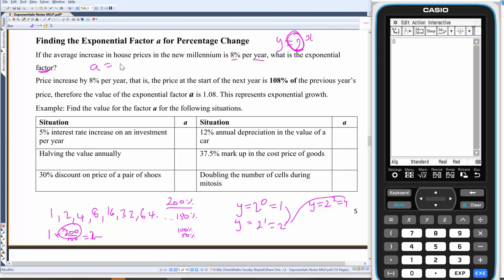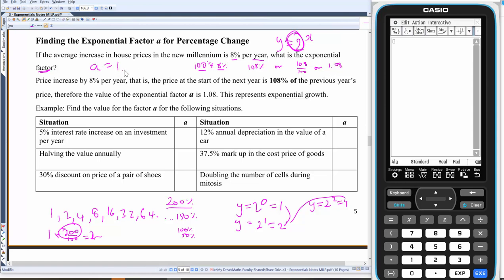Now, the exponential factor in this case is going to be 100%, which is all of the value of the house previously, plus an extra 8%. Okay, so what we're doing is we're saying it's the previous year's value plus another 8%, which represents 108%, or 108 over 100, or 1.08.